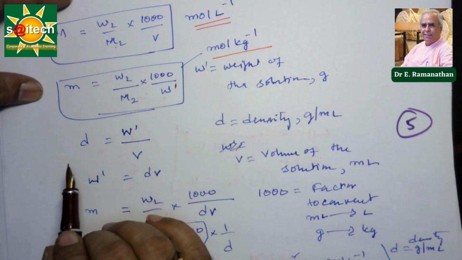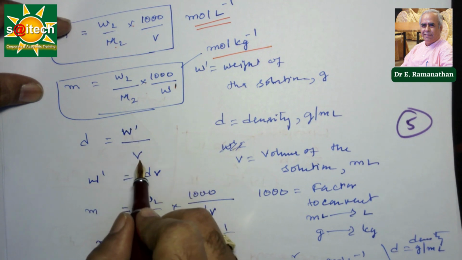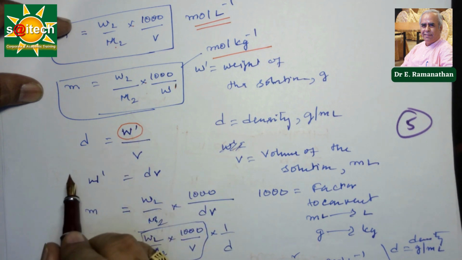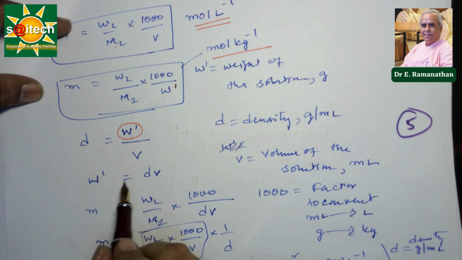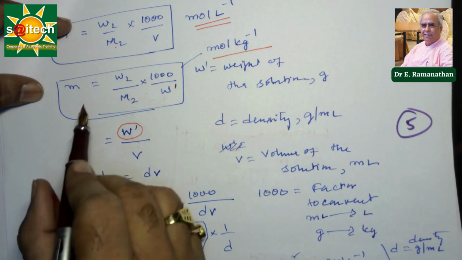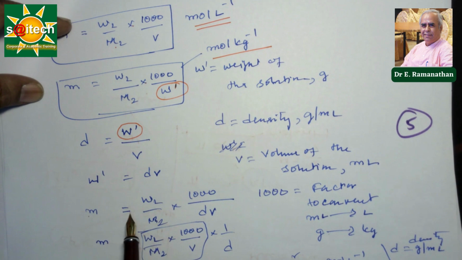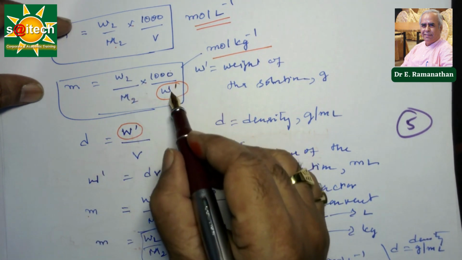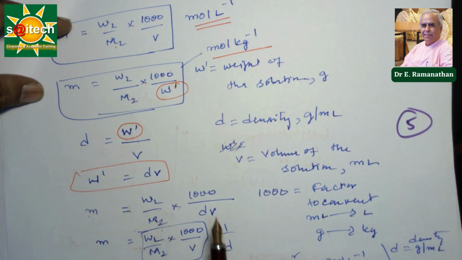Now density, we know, is mass by volume, that is the weight of the solution divided by the volume of the solution. So based on this equation, we can interpret W1 as d into V, that is density into volume. So m is equal to, now replacing W1, W2 divided by M2 into 1000 divided by, instead of W1, I am writing dV.